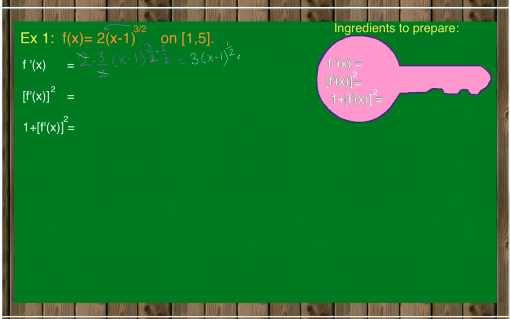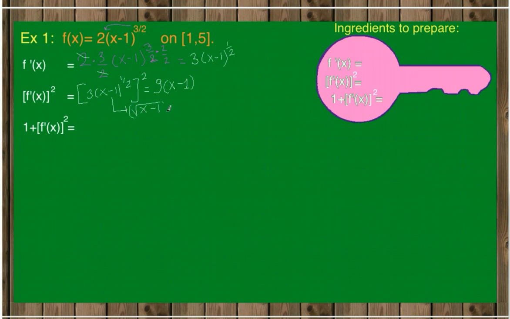Now we're going to square this quantity. So 3 times x minus 1 raised to the 1/2 will be squared. 3 squared is 9. And x minus 1 raised to the 1/2 squared is x minus 1. You can think of it like this. x minus 1 raised to the 1/2 is square root of x minus 1.